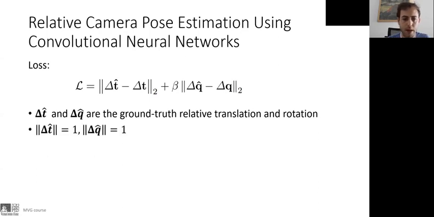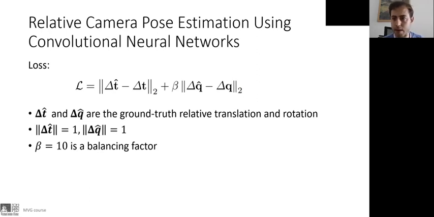T hat and quaternion hat are normalized beforehand to have a norm of 1. A quaternion always should have a norm of 1, and they just set the scale of the 2 cameras to be 1. So they set the relative translation scale to be 1. And beta is the rebalancing factor between the rotation loss and the translation loss.